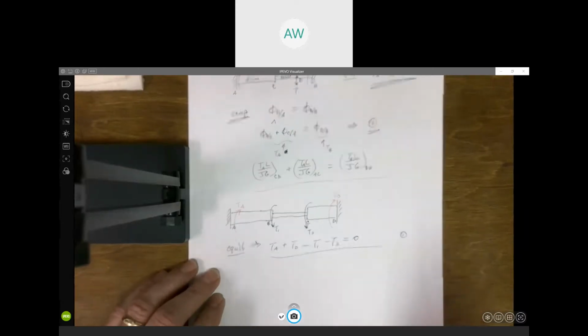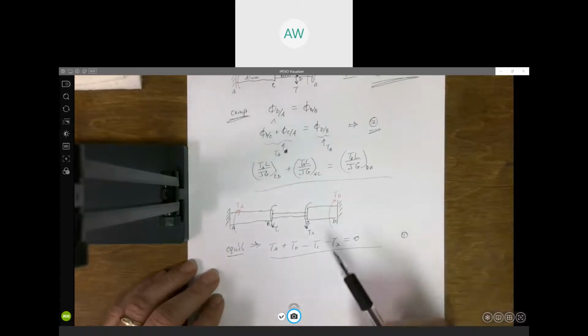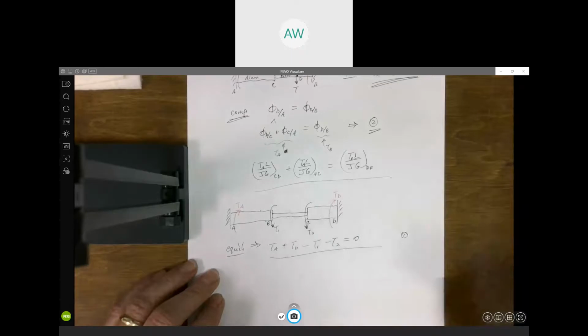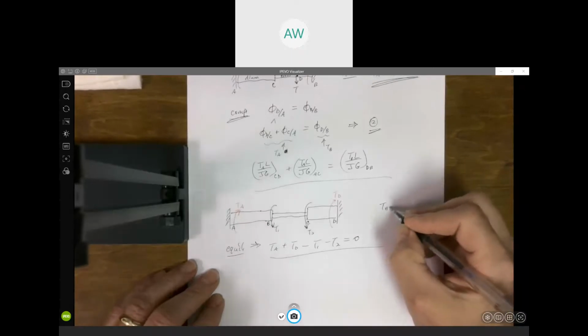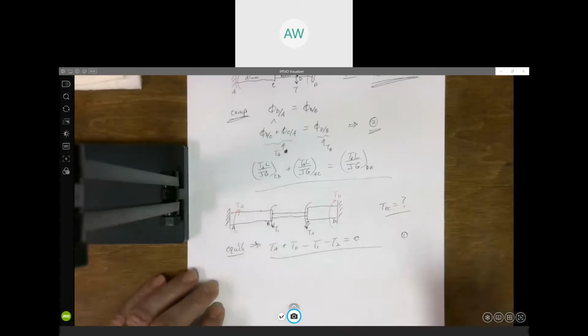But here it's going to be a little bit more complicated to get the relationship we need, because we also don't know what the torque is in this middle section, the torque in BC. You're going to see that show up.